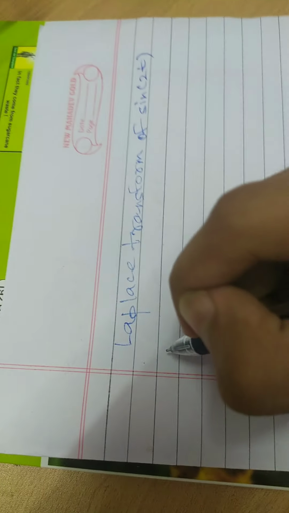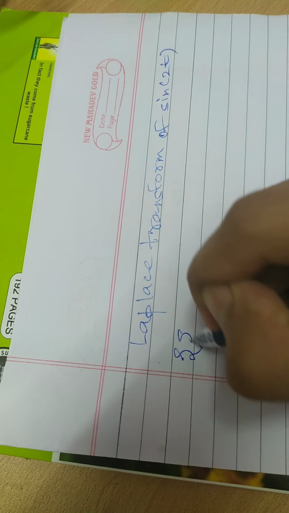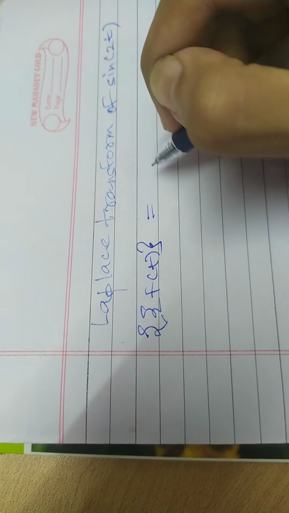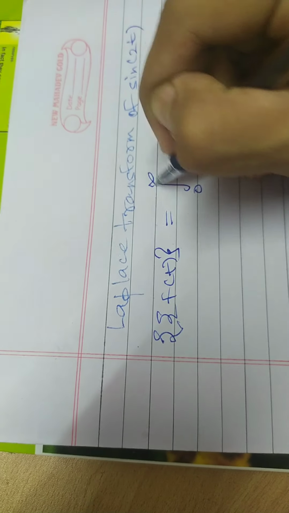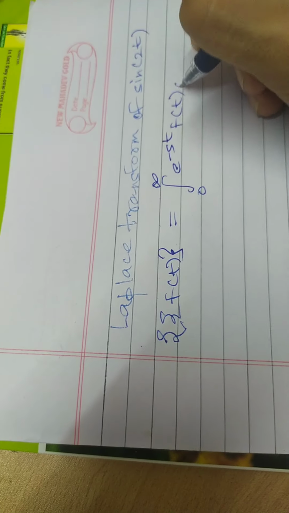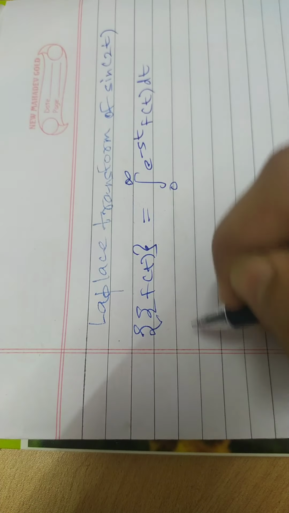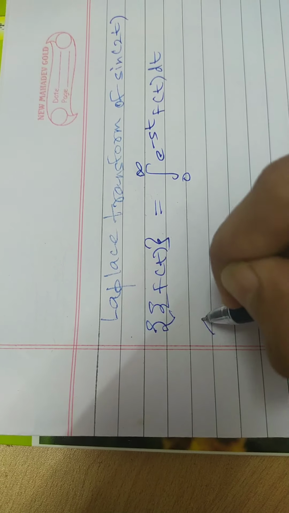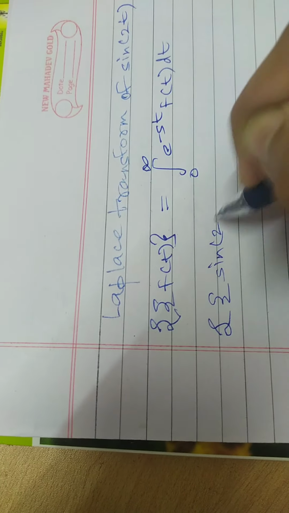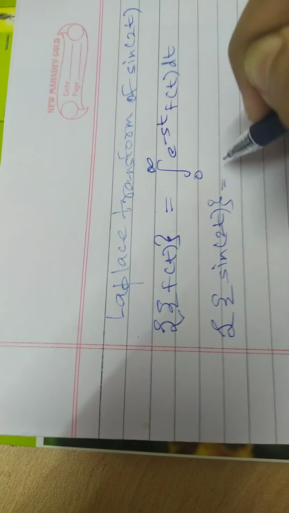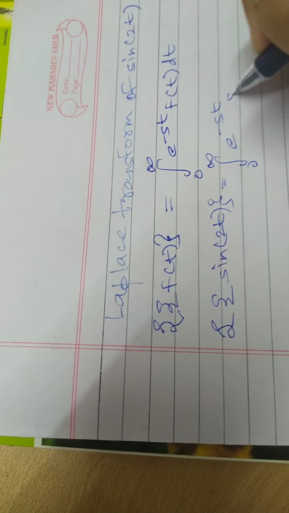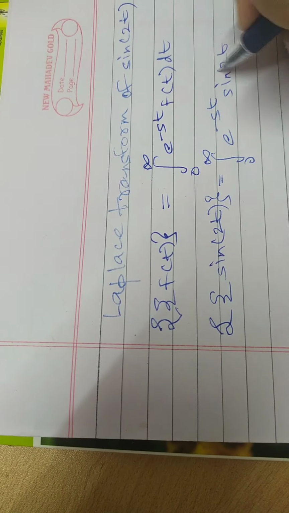Now we know that the Laplace transform of a function f of t is equal to the integral from 0 to infinity of e power minus st f of t dt, right? And in the case where f of t is sine of 2t, which is the case we're solving, it is the integral from 0 to infinity of e power minus st sine 2t dt.